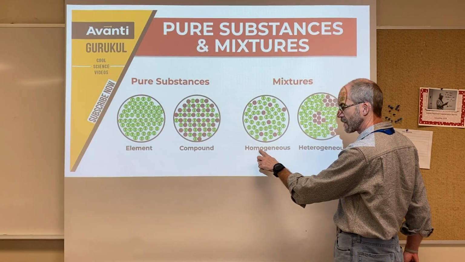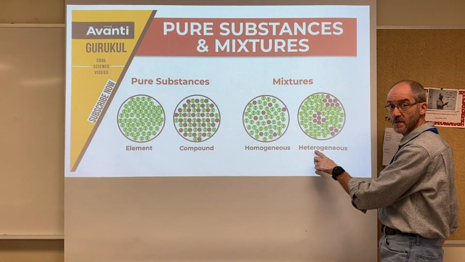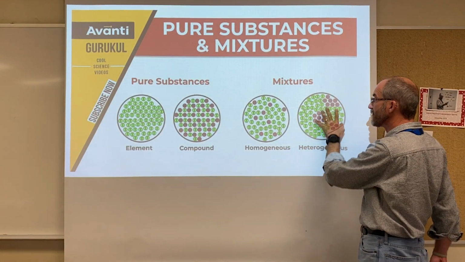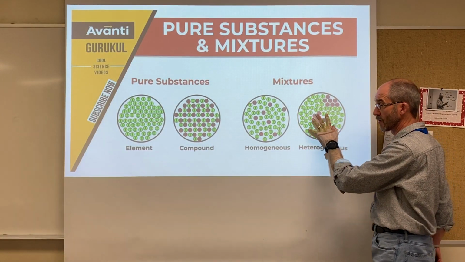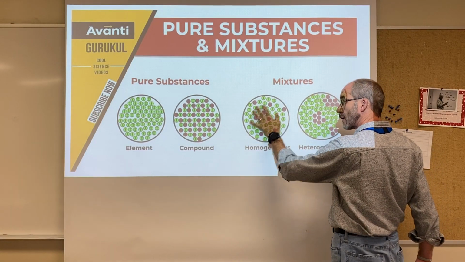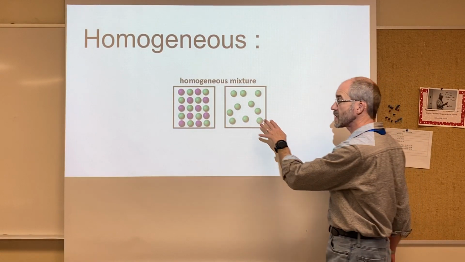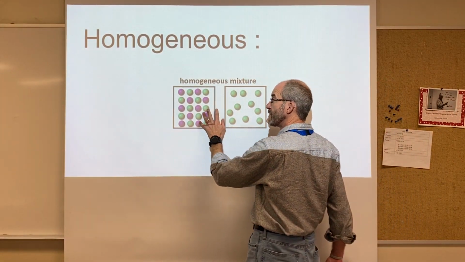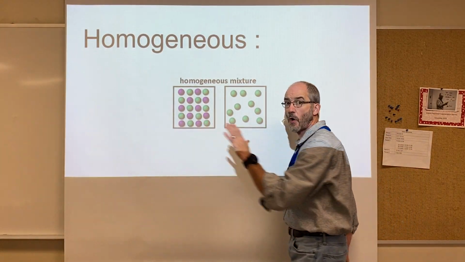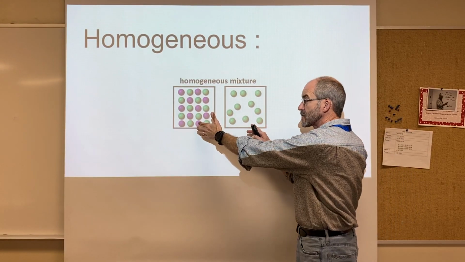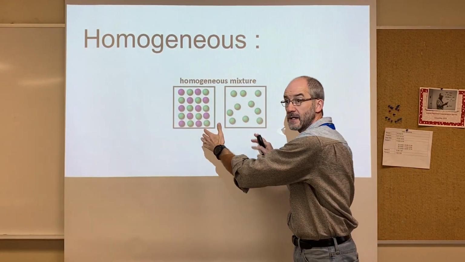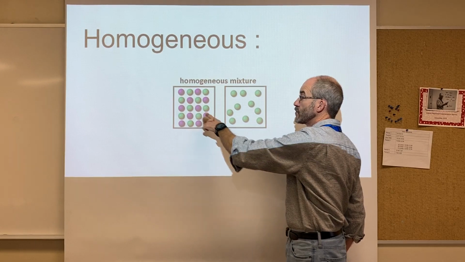You know that homo means same and hetero means different. So this would be a very uneven mixture. But so far, we've pretty much just been talking about homogeneous mixtures. Okay? So a homogeneous mixture, one more time, would be a very even distribution. And this is nothing specific. This is just a visual aid to help you understand homogeneous.